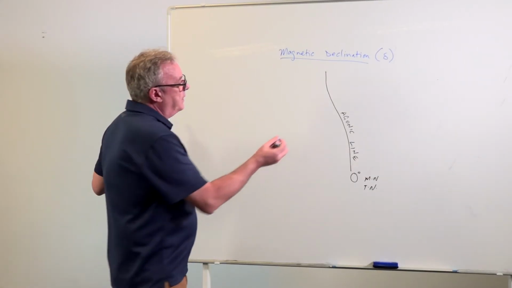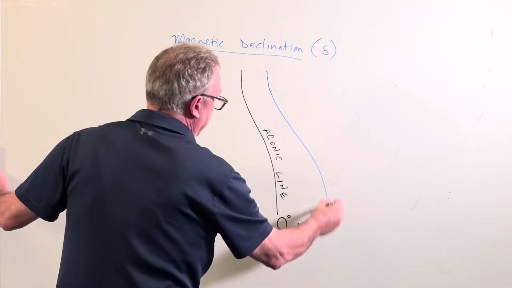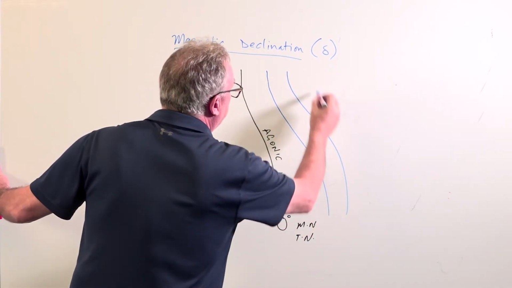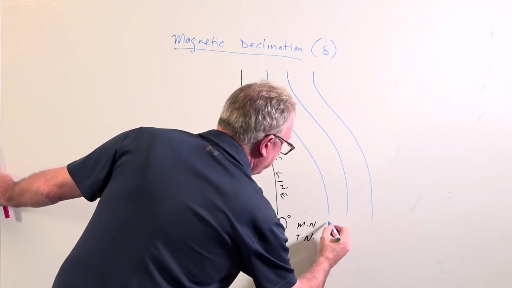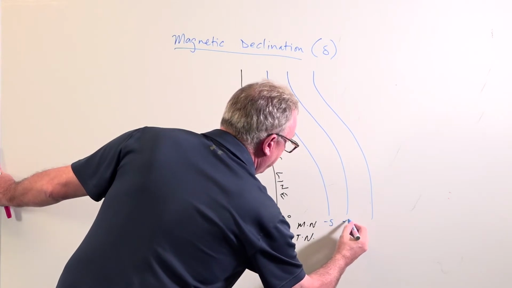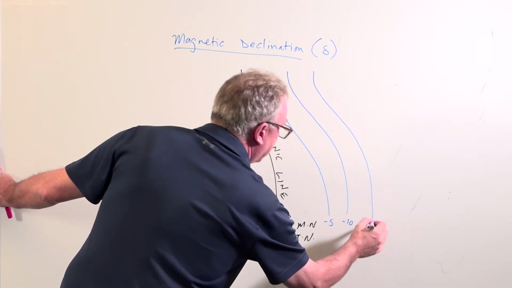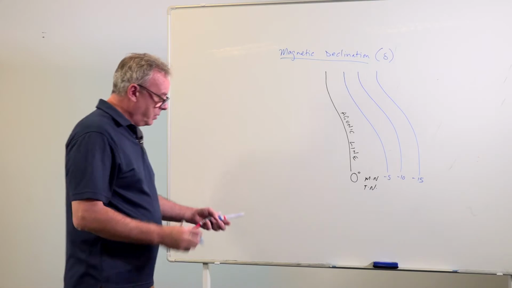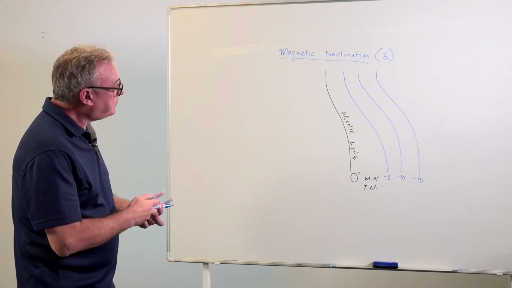To the east of the agonic line, I am going to have a series of contours, and these contours will then show me what the value of magnetic declination will be along those lines that I've drawn.